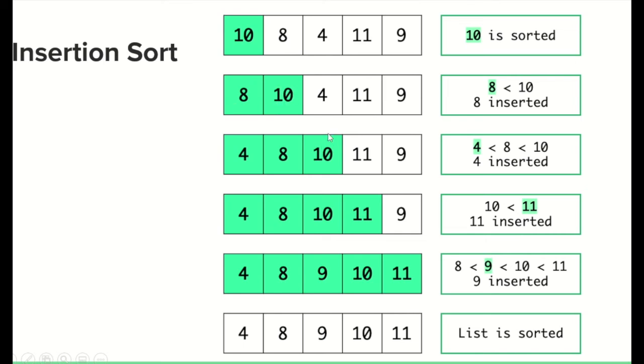We then move to the next item in our list and say, where is the correct position in our sorted list to insert that? In this case, it's at the start. So in doing this, you can see that we have to the left in the green here a sorted list, and then everything to the right is unsorted, and we're going to move to the right and sort as we go.